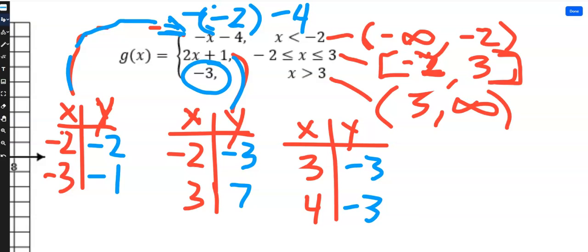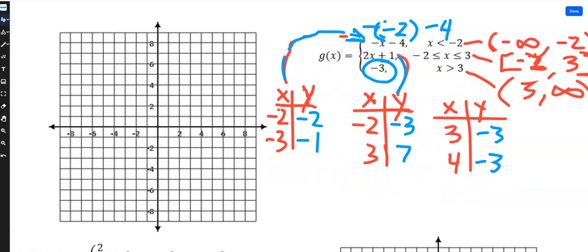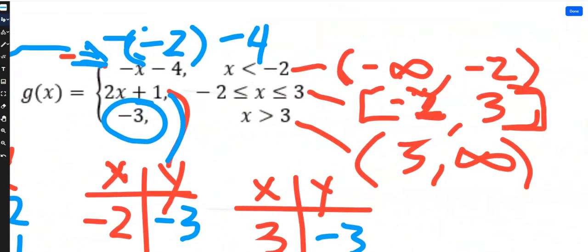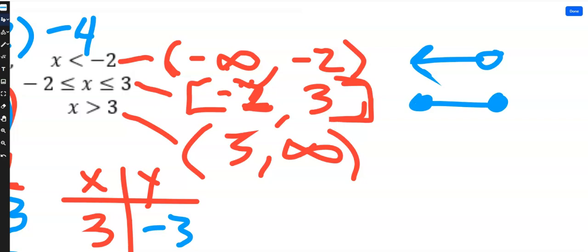Okay, now that I've got my different tables, we should also understand what these things are going to look like. That's going to be an open circle with an arrow left. This is going to be closed on both ends. And this is going to be an open circle with an arrow right.